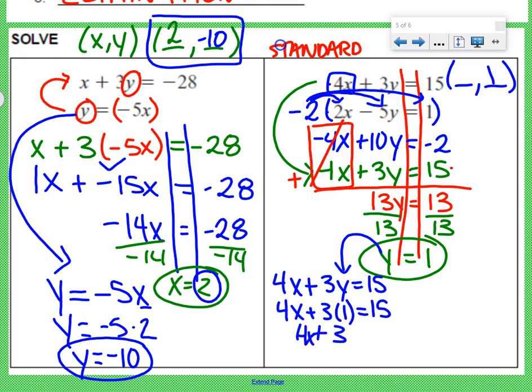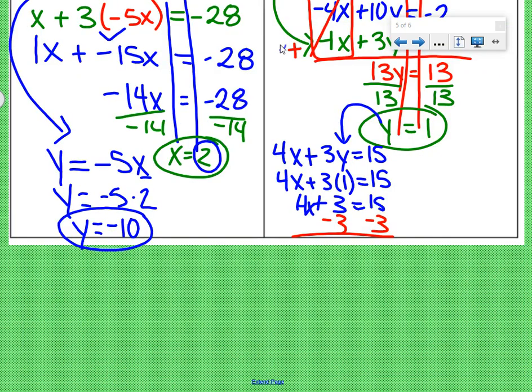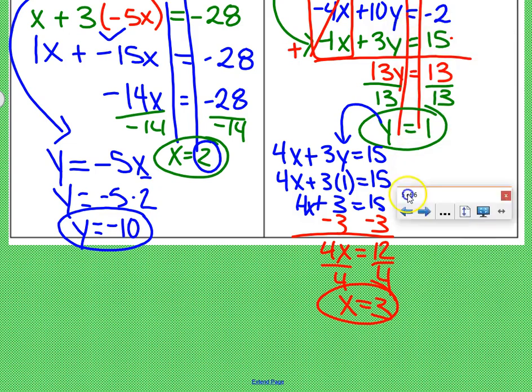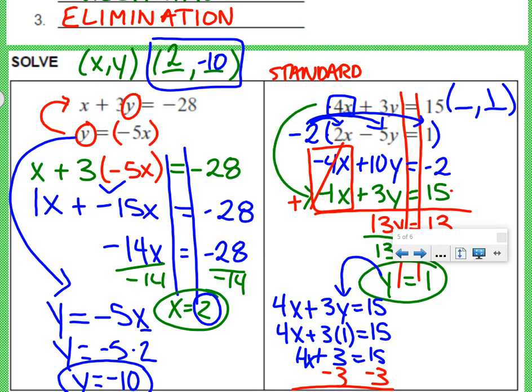We have 4x plus 3 equals 15. Undo plus 3 with a minus 3. We get 4x equals 12. Divide both sides by 4, and we get x equals 3. Add that back up here to your coordinate point and circle your answer.